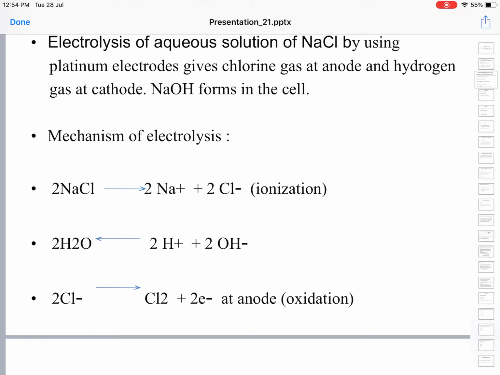So it loses its electrons at the anode, undergoes oxidation, and is liberated as chlorine gas, because the discharge potential of chloride ions is lower than that of hydroxyl ions. Hydroxyl ions take more time.